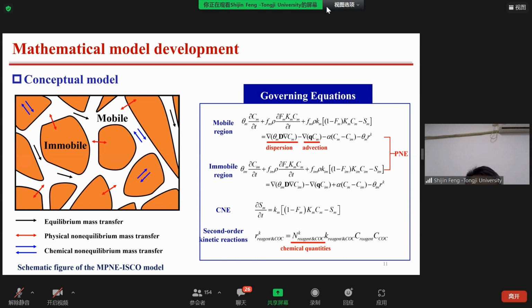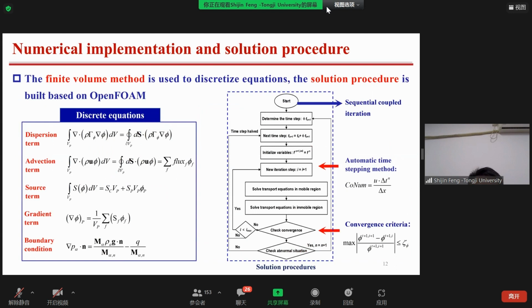Dispersion and advection are considered in the mobile region. The second order kinetic reactions are adopted to describe the oxidation process. The finite volume method is used to discretize equations. The solution procedure is built based on OpenFOAM.